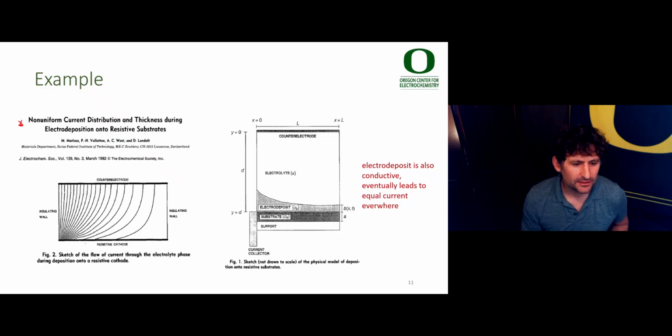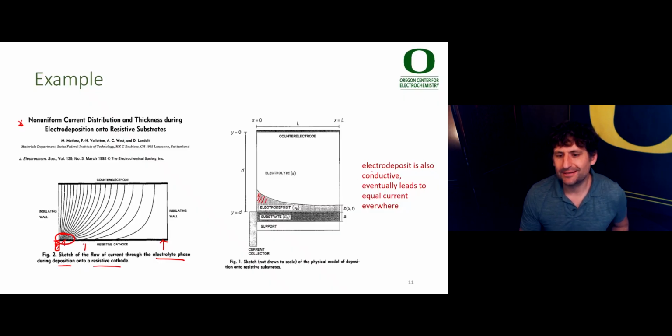You can see here a sketch of the flow of current through the electrolyte phase during deposition onto a resistive cathode. This is exactly what we've been talking about. Notice how the current focuses at the point close to the current collector. And there's a lot less current out here where the electrons have to move a large distance. This leads to a non-uniform electrodeposit.